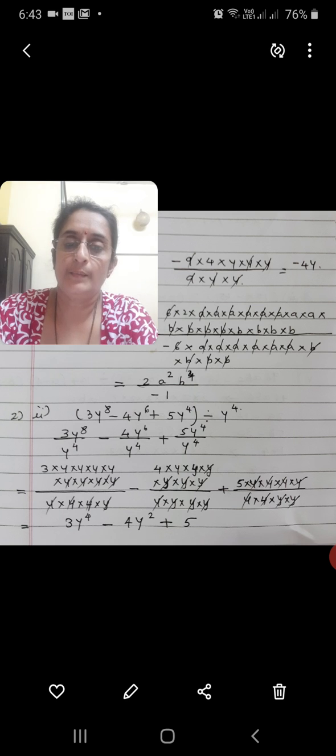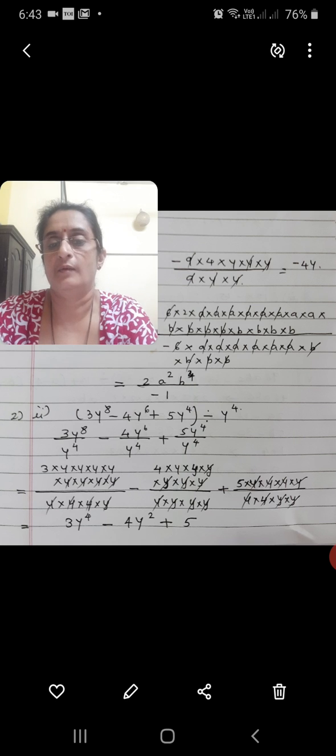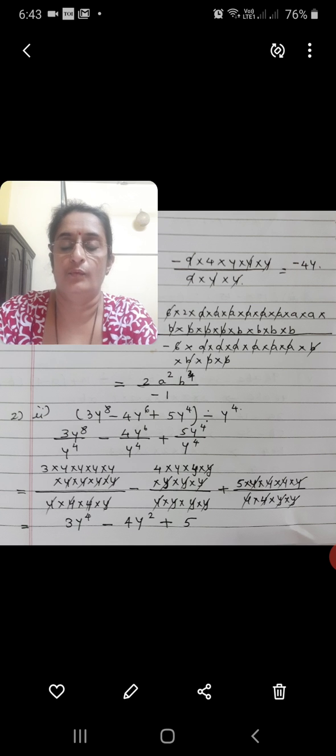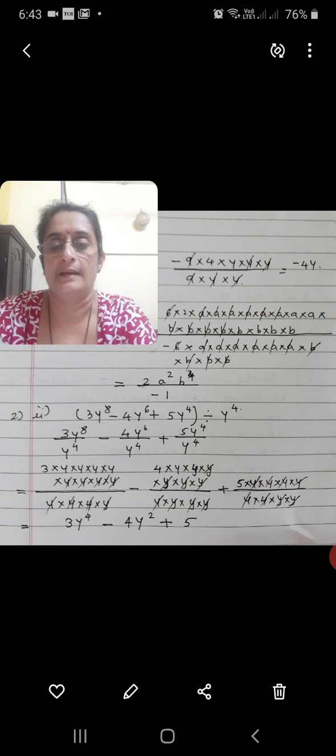What does that mean? Each term is divided by y raised to 4. So we'll write that separately: 3y raised to 8 by y raised to 4 minus 4y raised to 6 by y raised to 4 plus 5y raised to 4 by y raised to 4.